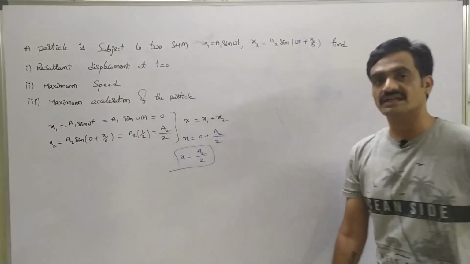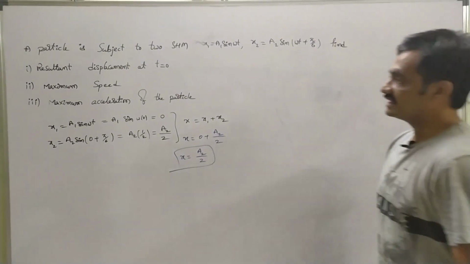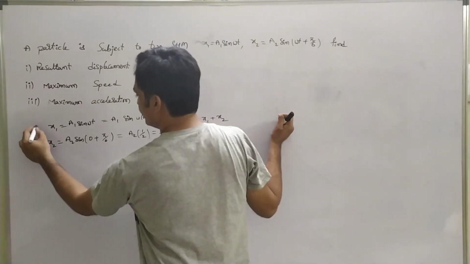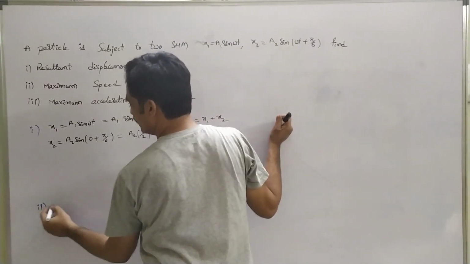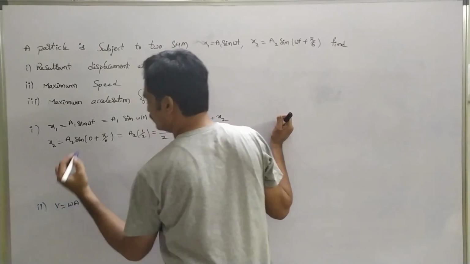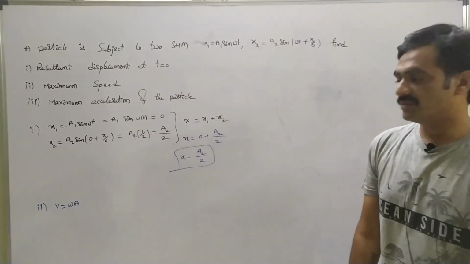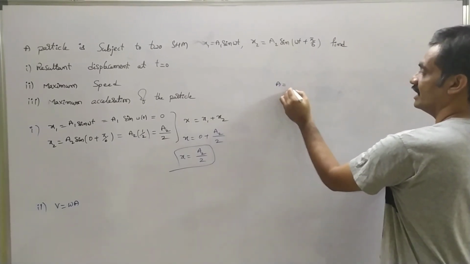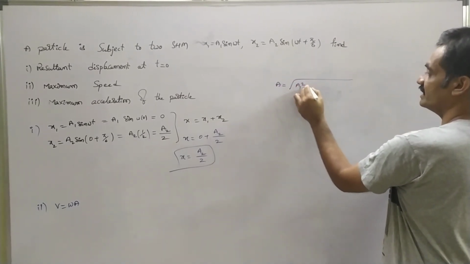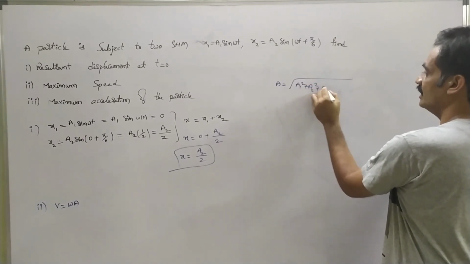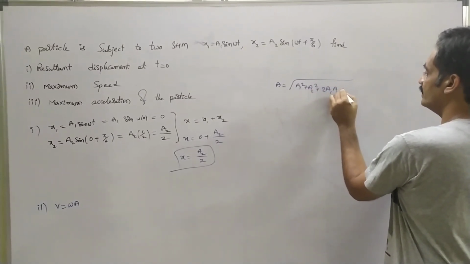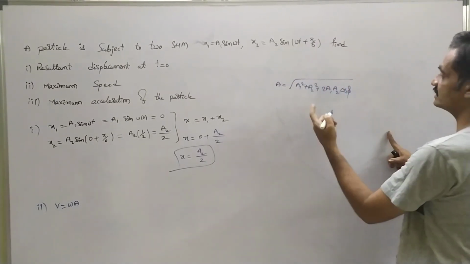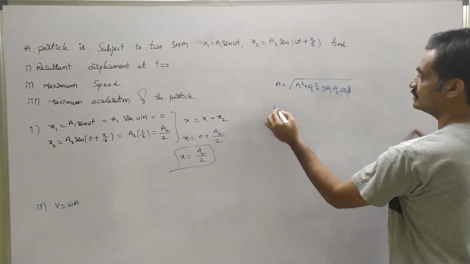This represents the resultant displacement. The second one is we have to represent the maximum speed, whereas the maximum speed is given as v equals omega into a. So let us find out a, where a is equal to under root of a1 square plus a2 square plus 2 a1 a2 into cos phi, where phi is equal to pi by 6, nothing but cos 30, and we know that cos 30 value is root 3 by 2.